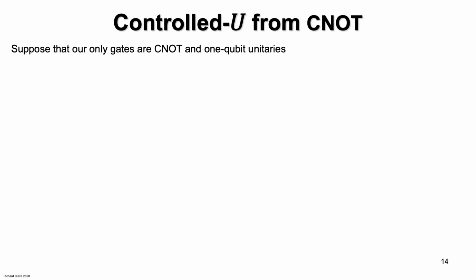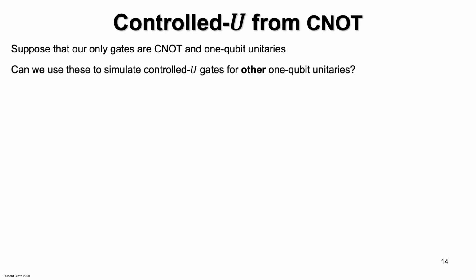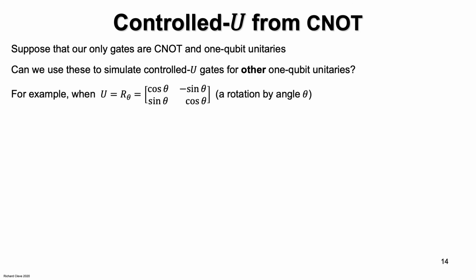Then, can we construct a circuit with these gates for implementing other controlled-U gates? Let's start by considering the example of a controlled rotation gate for some rotation angle theta. How do we do this?